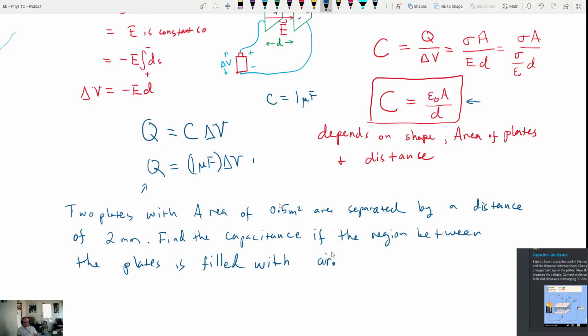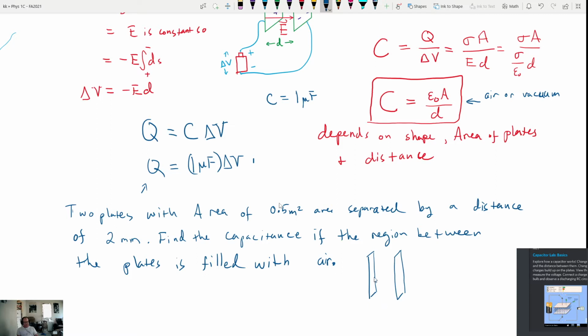I say air because depending on what you put inside the plates of your capacitor, the value of the capacitance will change. The equation that we derived right here works for air or vacuum. If you have air or vacuum, that's where the epsilon naught factor comes in. There are different values of epsilon depending on the material that's in here, whether it's paper or Teflon or plastic.